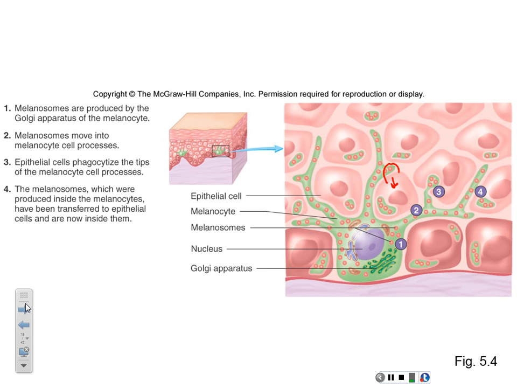So the melanosomes grow processes, and then the epithelial cells will phagocytize them to internalize them, and the melanosomes will be contained in those fragments that were pitched off from the processes, and then they're now internalized.